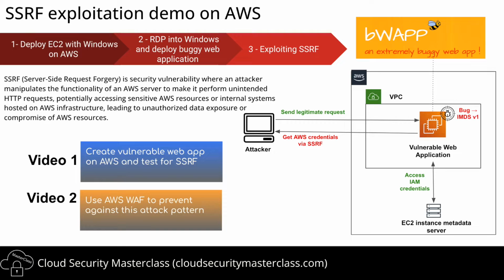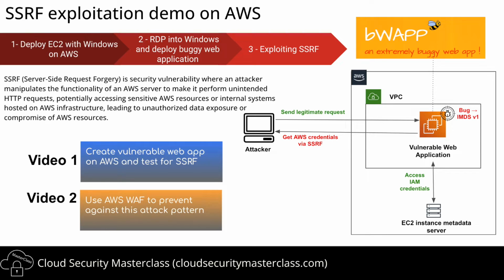So what is SSRF? SSRF is a security vulnerability where an attacker manipulates the functionality of a server and makes the server do unintentional stuff, like reaching out to a network resource, which is not the functionality of that web application.